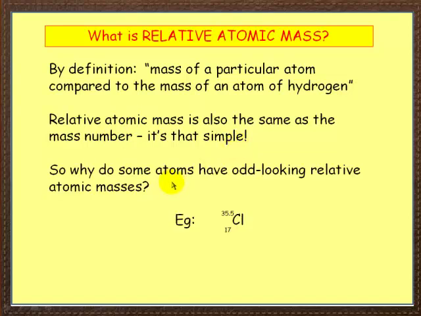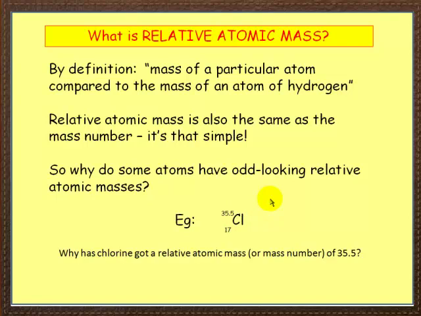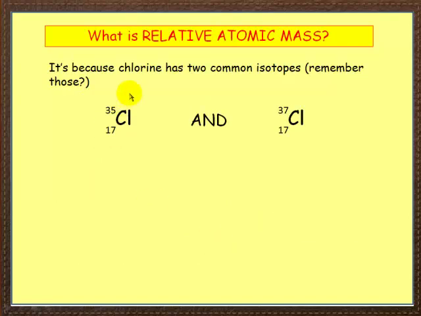If you look at your periodic table, you find that sometimes there's some odd atomic masses. 35.5. How can you have 35.5? Well, this all goes back to our old question about isotopes. Okay? Chlorine has got two common isotopes. Here they are. There's chlorine-35 and chlorine-37.